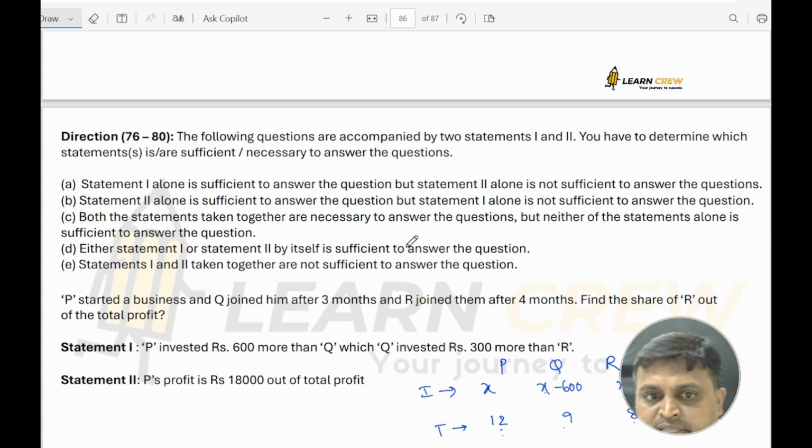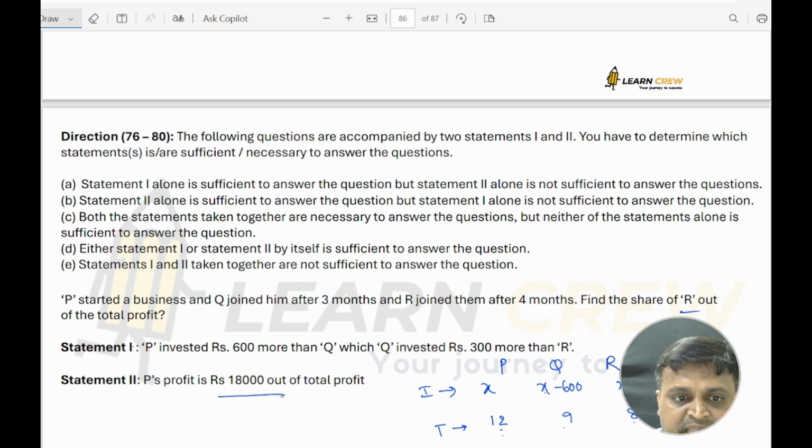Now 12x is not given, and the total investment is also not given, so you cannot find out the profit share of R with only one.